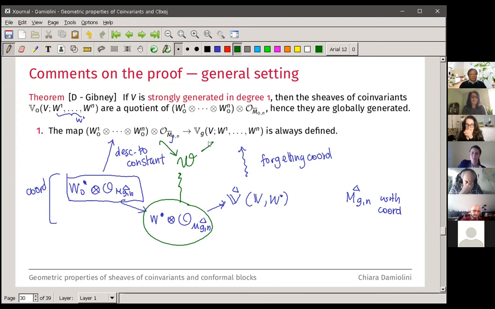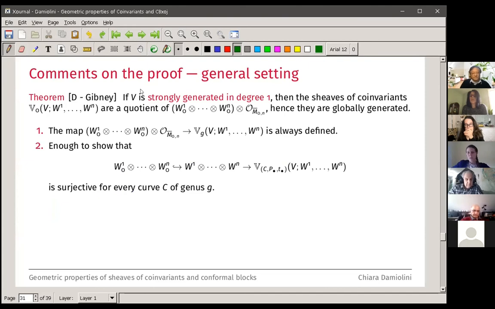So we still have this map, but this thing is just ugly. We cannot just say it was a quotient above when I fix coordinates. It's a quotient after I forget the coordinates. Well, it's a quotient, but not of a constant thing in general. But this map is always defined, not necessarily because the genus is 0 or because our vertex algebra is strongly generated in degree 1.